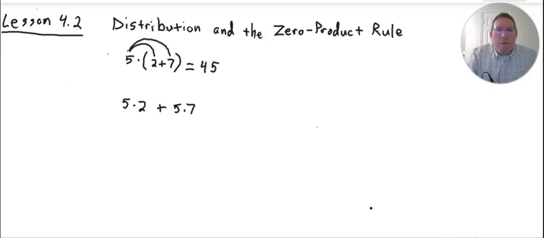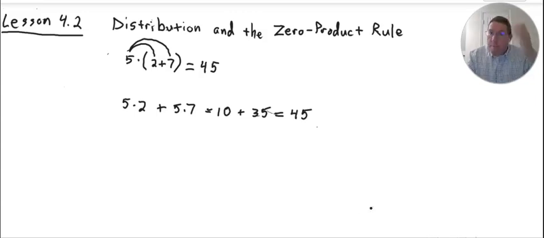So 5 times 2 is 10, plus 5 times 7 is 35, and 10 plus 35 is 45. So look, we just got the same answer, okay? Here, we just added 2 plus 7 is 9, and 9 times 5 is 45. And then down here, we multiplied the 5 times the 2 first.